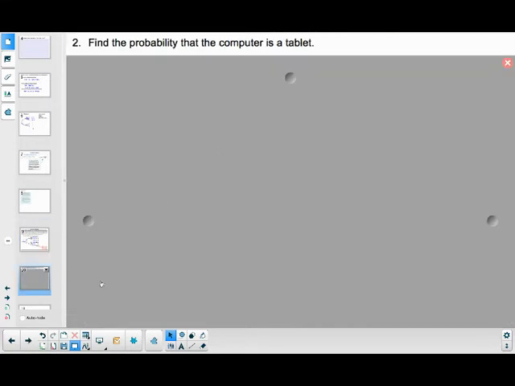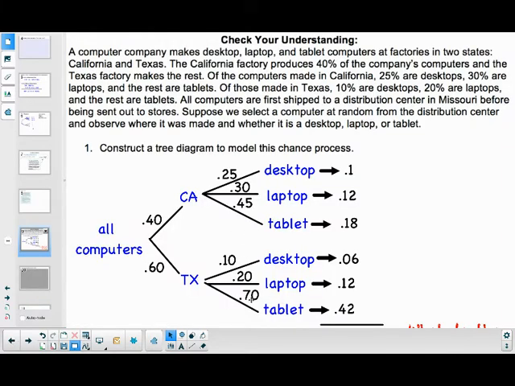Find the probability that a computer is a tablet. So let's just look at our branches. That would be if I went down this path and got the 0.42, or the California path tablet, 0.18. So the probability that something's a tablet is equal to the probability it's from California and a tablet, or it's from Texas and a tablet. So you can add up, right?